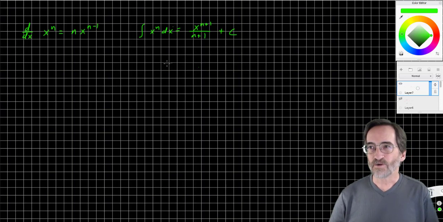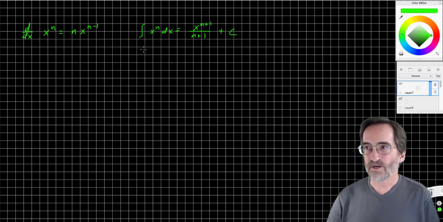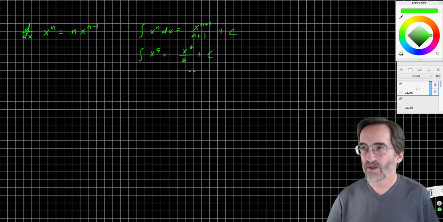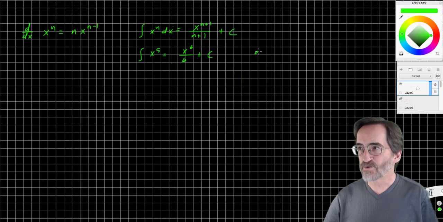Okay, so let's do a little bit of practice. What if I said the integral of x to the 5th? Increase 5 by 1, that's x to the 6th, and divide by 6, plus a constant. Let's check. To check, take the derivative of your integral.